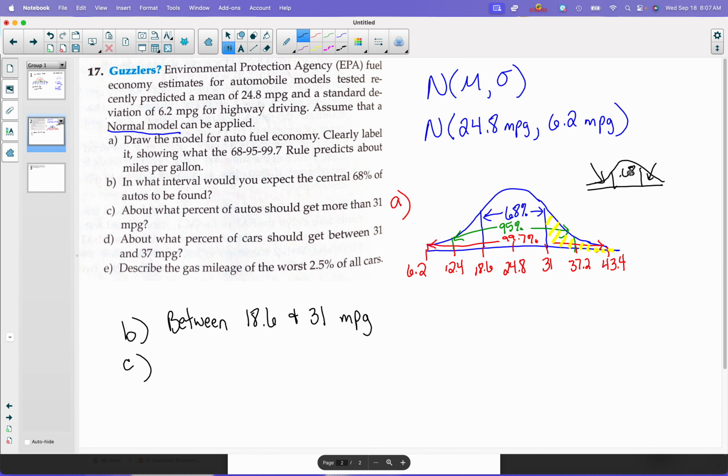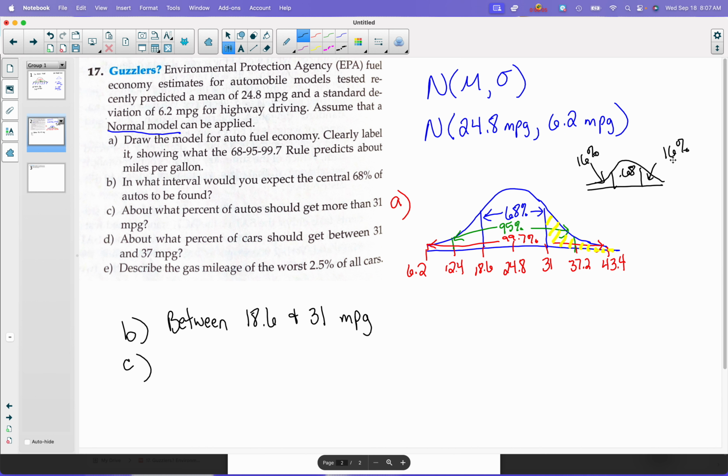It's symmetrical. So 100 minus 68 is 32, so you have to split the difference between the two sides. So I'm going to have 16% on this side and 16% on this side.